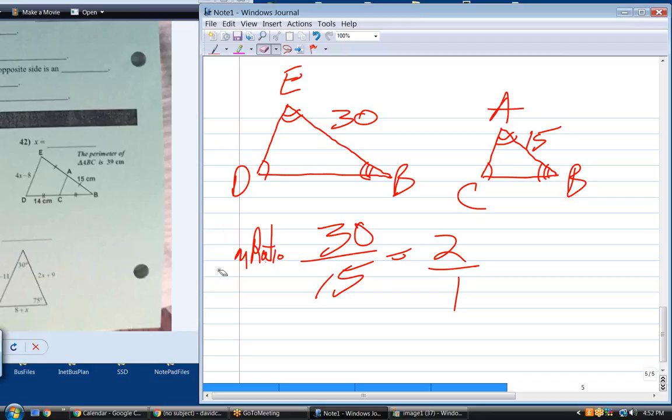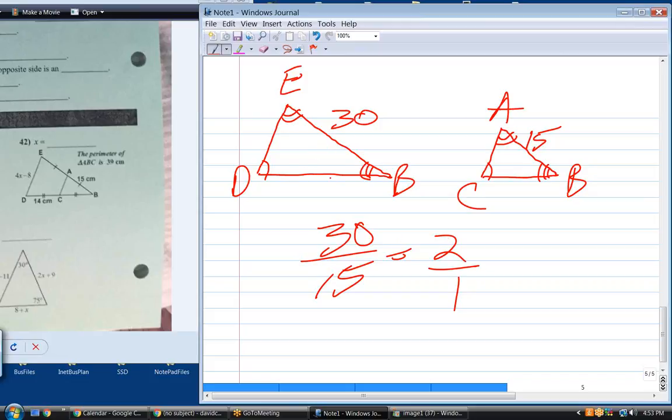So he should be calling this R sub L. But I've heard it called similarity ratio by other teachers, and I like that, because once you've discovered that the similarity ratio is 2 to 1, big to small, then finding the sizes of other things becomes a piece of cake.